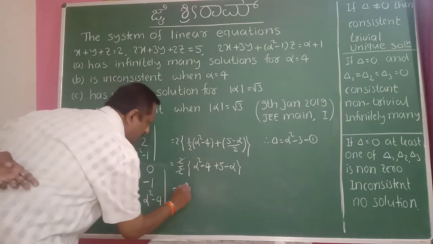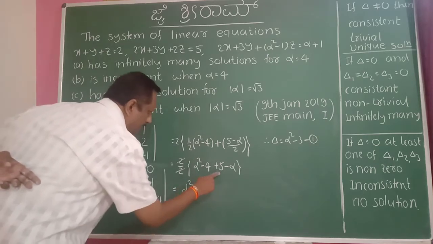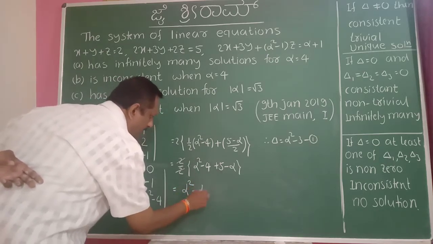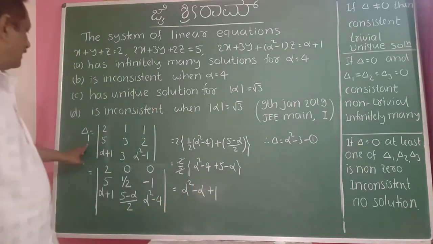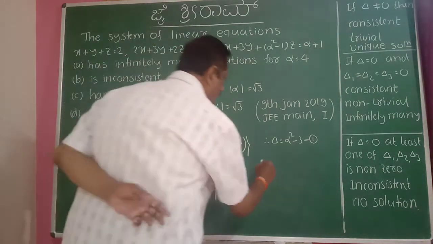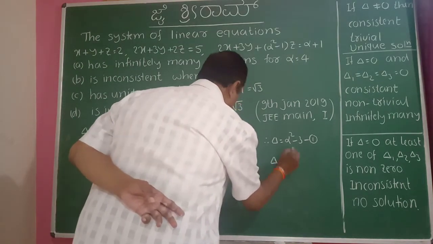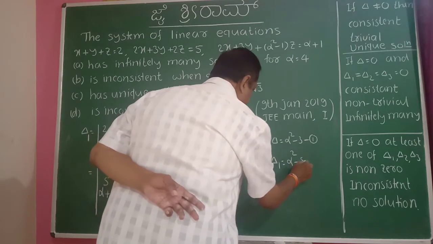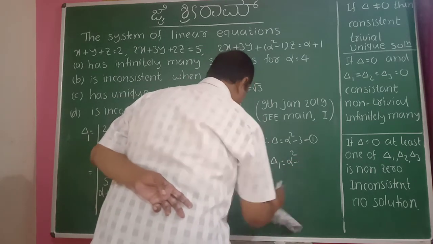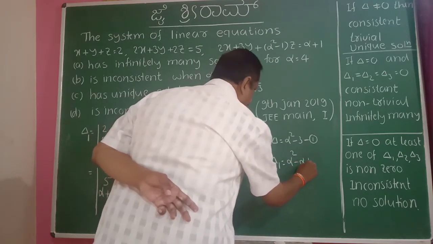So alpha square, then minus alpha, 5 minus 4 gives 1, so plus 1. So delta 1 is alpha square minus alpha plus 1.